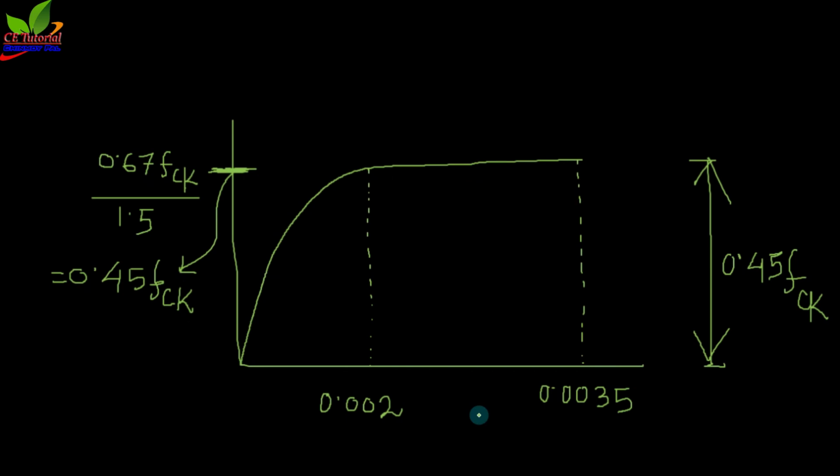this is the stress strain curve of concrete, and for steel, suppose we are considering the mild steel only right now. After that I shall show you the stress strain curve for HYSD bar.